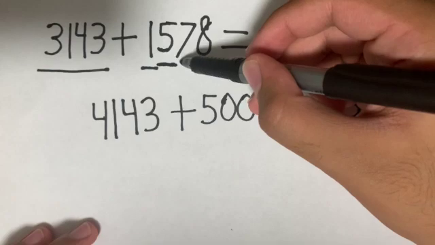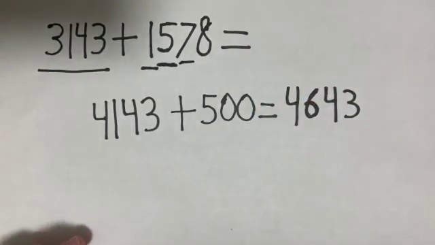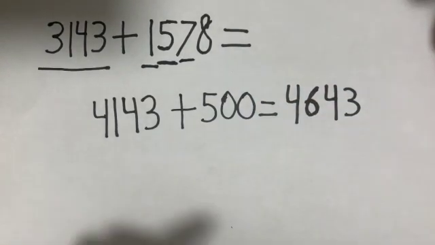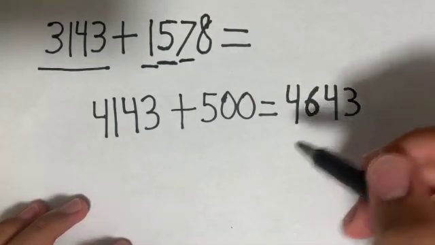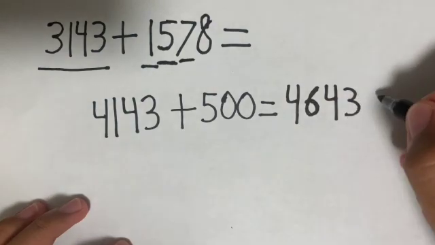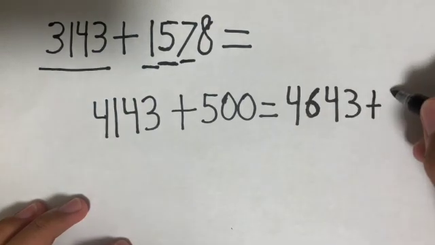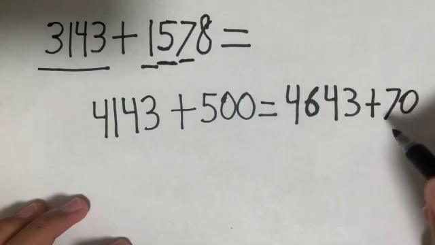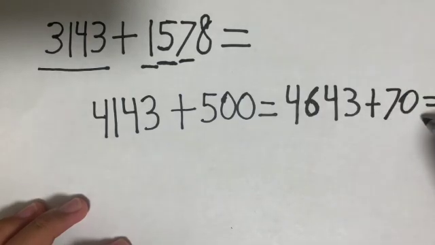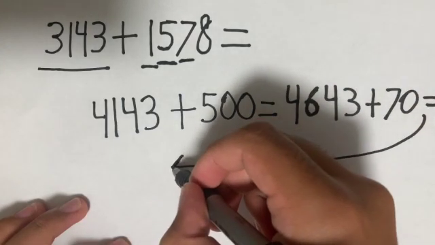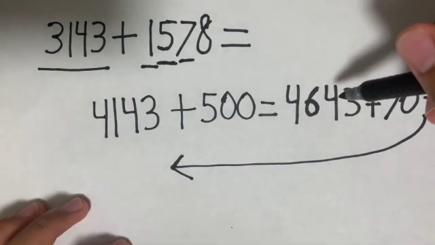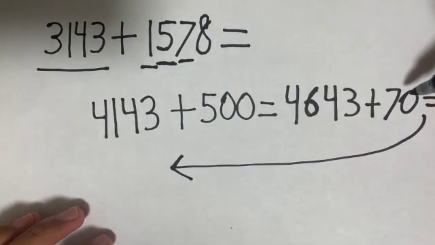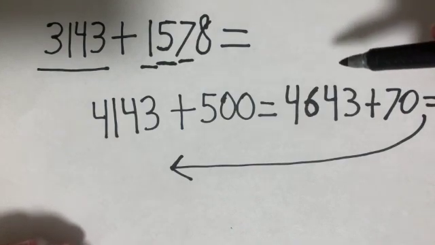We go to the tens place. We have 7. Now 7, tens place, 70. So now we're gonna take our 4,643 and add 70 to it. Put an arrow all the way there this time. Now 4,643 plus 70. Take the 43 and add 70 to it.